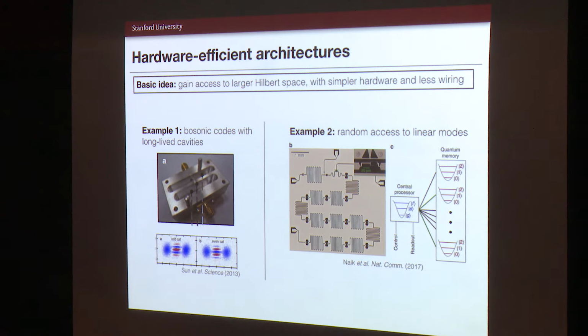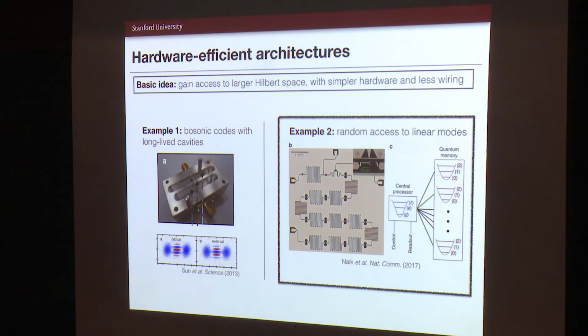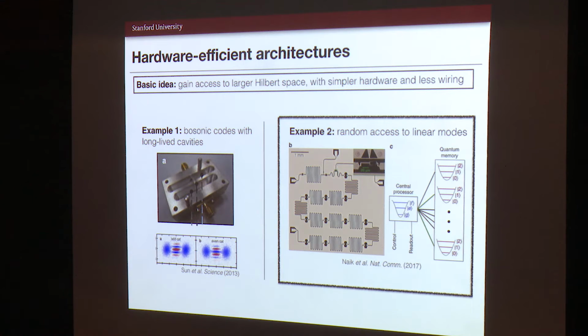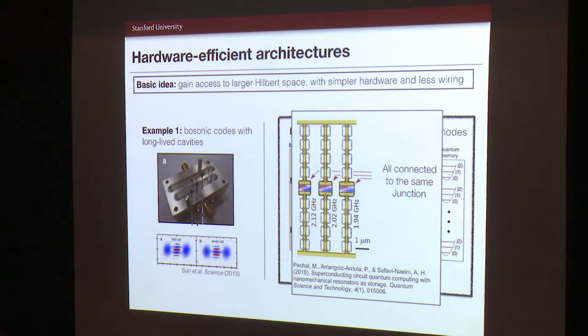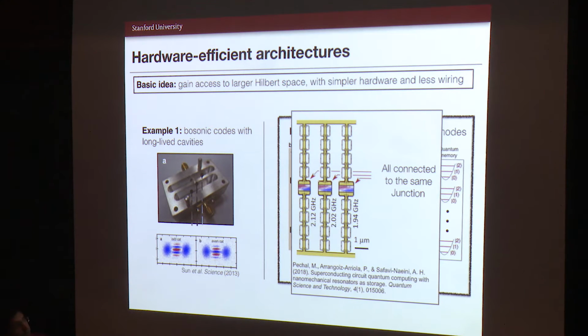So again, it's the same idea. You use the nonlinear element as a controller. And what we want to do follows trivially from this approach. We're basically hoping to replace all of those microwave resonators with mechanical resonators.